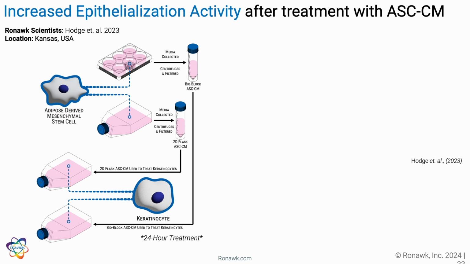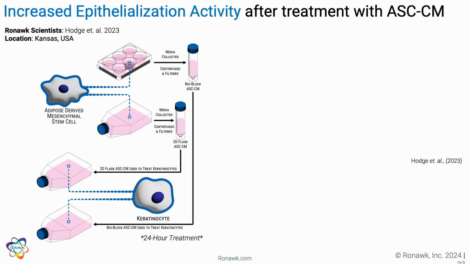We collected the media produced by those cells after a period of time, centrifuged that media, and isolated those secretome proteins. Then we treated keratinocytes with that media and saw different things.